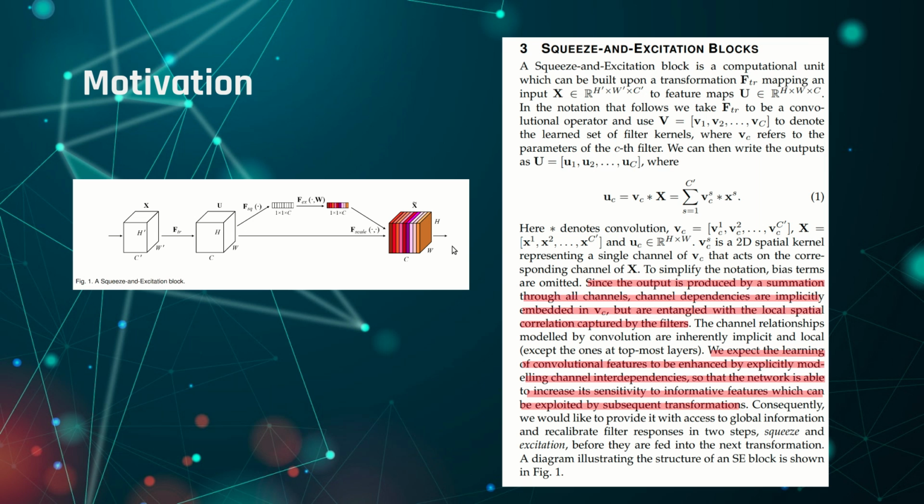We're going to see a little more about the motivation, and here there's a bunch of math, so let me try to explain. This is quite intuitive, and you can pause here to read the text. The motivation behind this operation is that the transformation function here is just a convolutional operation.